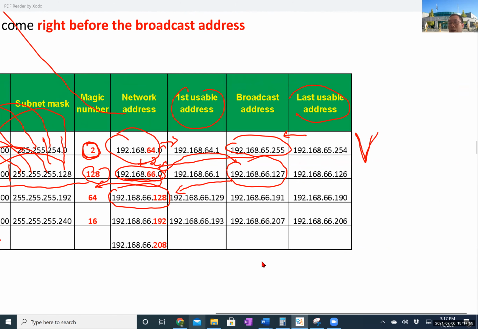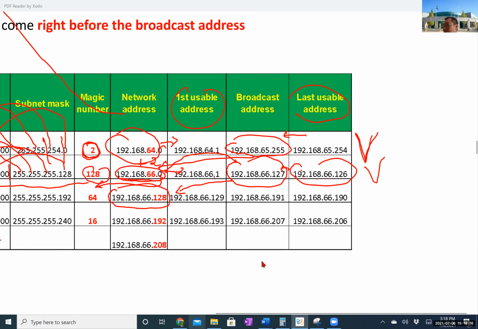Everything between the network address and the broadcast address is a usable address. The first usable address is the one that comes right after the network address, that's why you have 192.168.66.1 here. And the last usable is the one that comes right before the broadcast address, that's why you have 192.168.66.126 here. So now you're done with the second one.